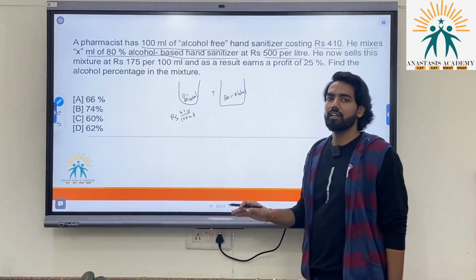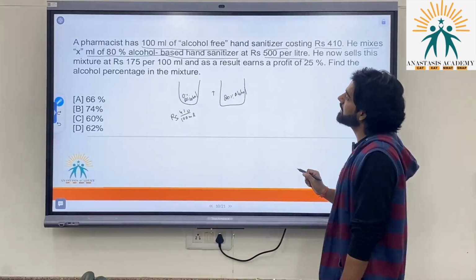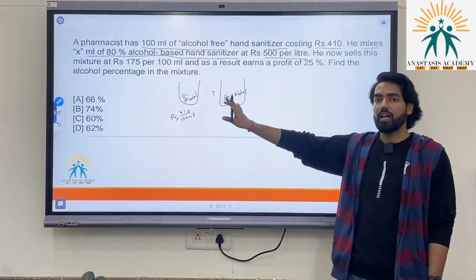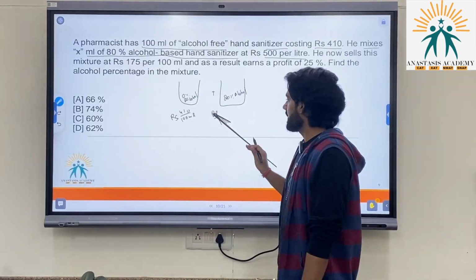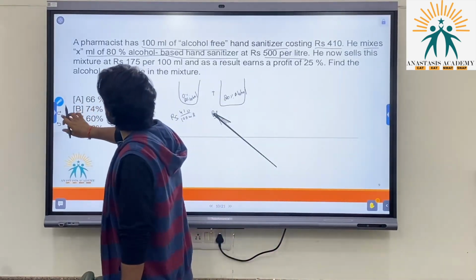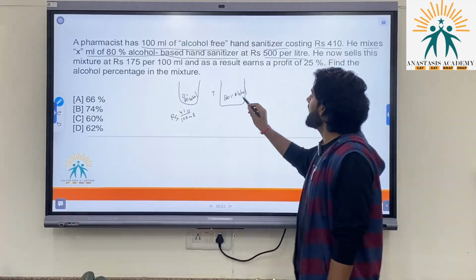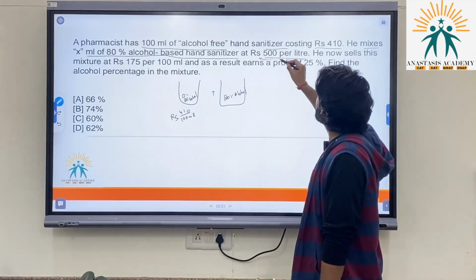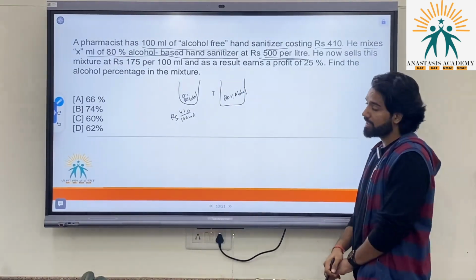He is mixing it, and what is the rate of this 80% alcohol sanitizer? Rupee 500 per liter. So it is selling for 500 per liter.